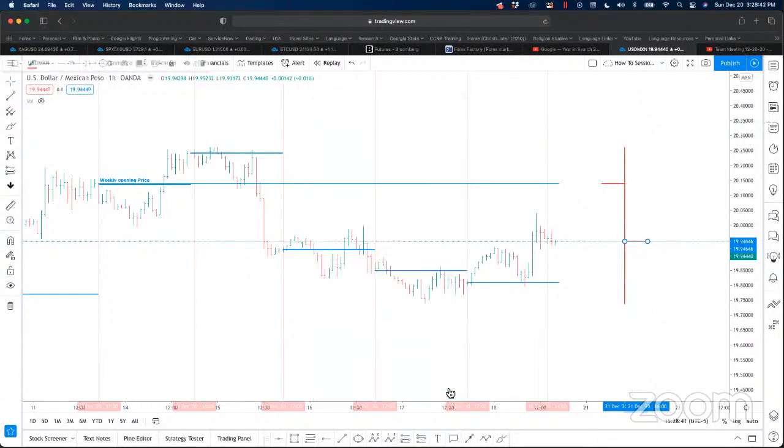Okay. So when this week opened up, price pushed down and immediately closed above. Price pushed down, but traded above the opening price. And from Sunday till about Wednesday, we should expect to get our high or our low created between Sunday and Wednesday.